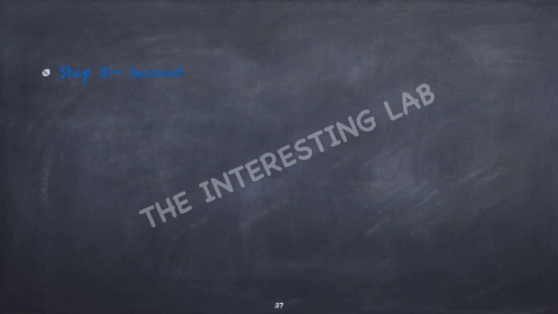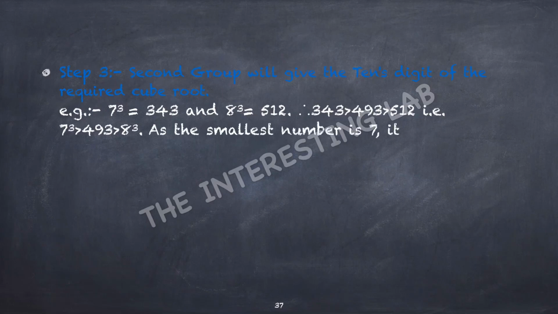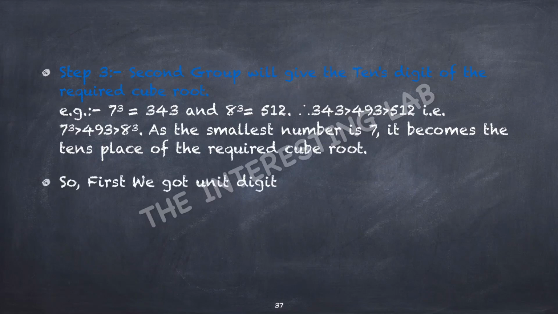Step 3. Check between which cubes the second group lies. The smaller number is the tens digit of the cube root, e.g. 7 cube equals 343 and 8 cube equals 512. Therefore 343 < 493 < 512, i.e. 7 cube < 493 < 8 cube. As the smaller number is 7, it becomes the tens place of the required cube root.